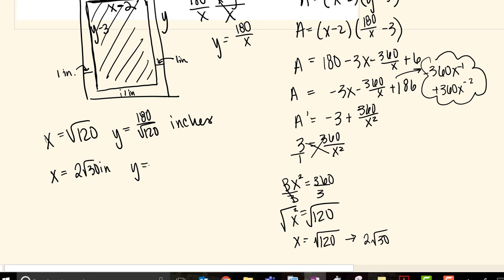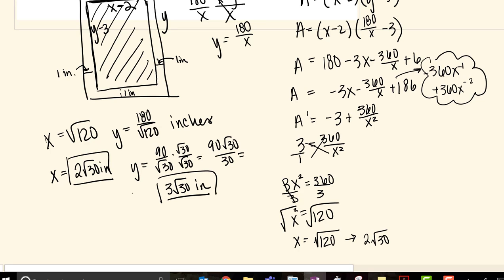And your y would be, you'd have 180, so we'd have 90 over root 30, and then we'd rationalize to get 3 root 30 inches. So there are my two dimensions right here.